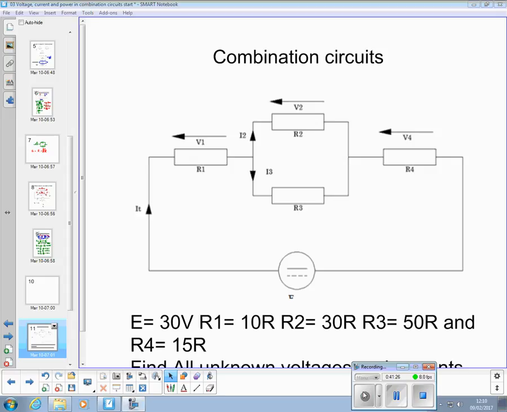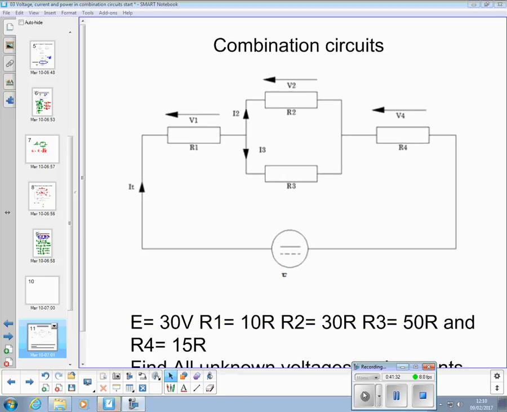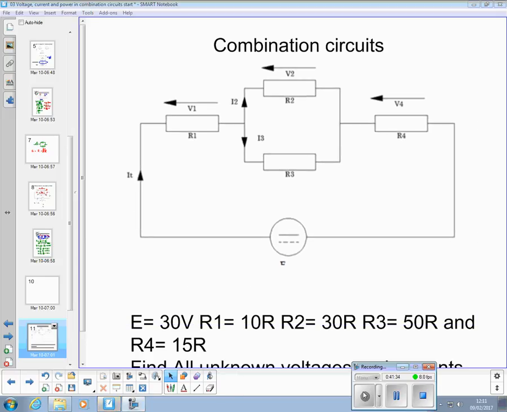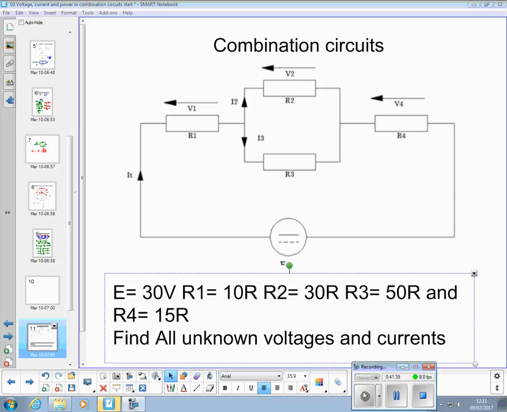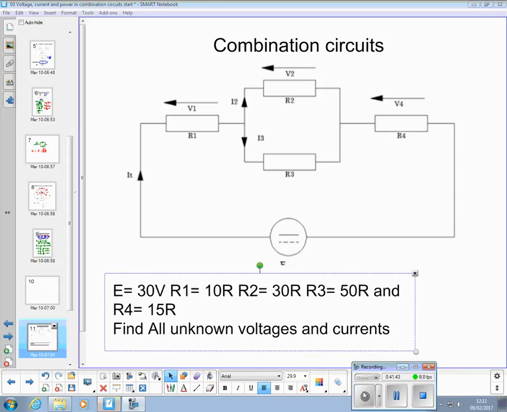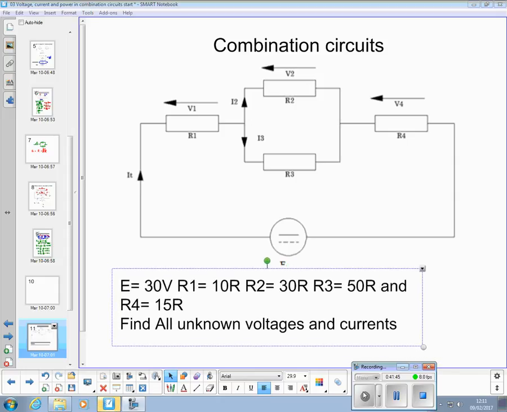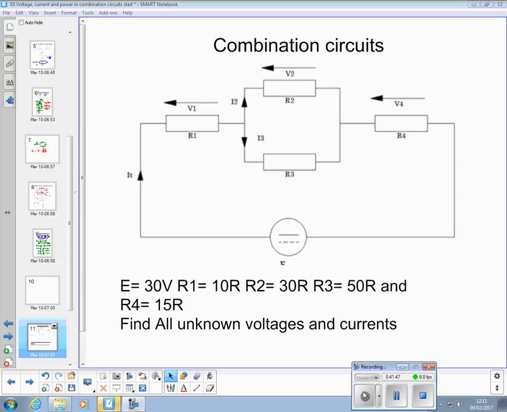Okay, so the idea here is that you have to combine the analysis techniques for both parallel and series circuits into one circuit. So, this example on the board here, we've got E at 30 volts.